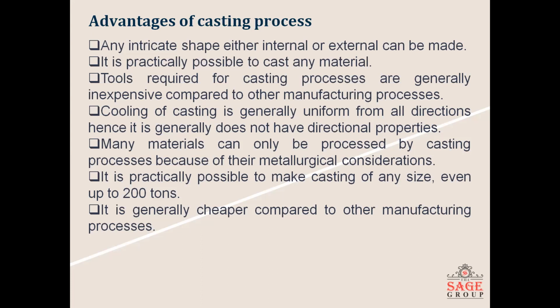Many materials can only be processed by casting because of their metallurgy considerations. It is practically possible to make castings of any size, even up to 200 tons of material in the industry. It is generally cheaper compared to other manufacturing processes, so that's why we use it on a larger basis for production.